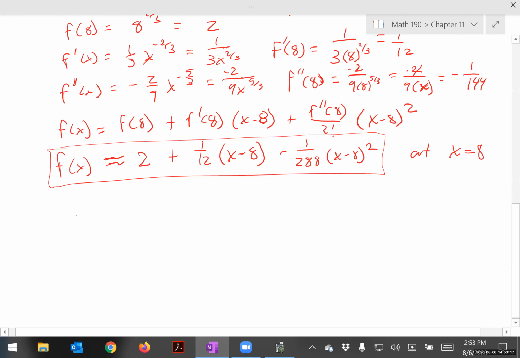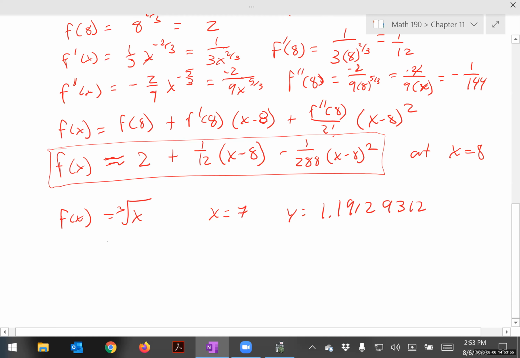What happened for the original function f of x equals x to the 1/3, or we'll just do cube root of x? When x was equal to 7, we got y equals 1.9129312.